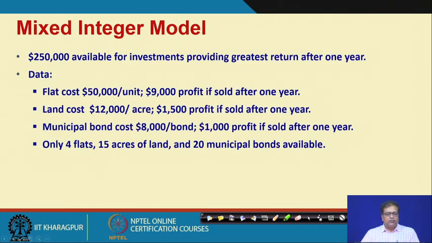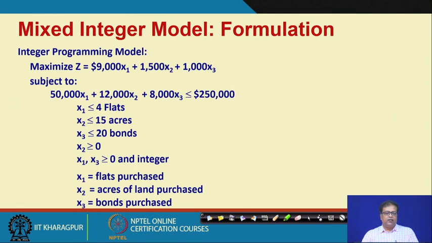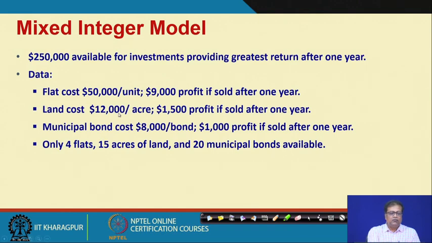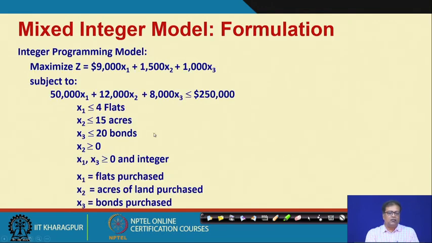Obviously, if you look at the previous slide, the returns are 9000, 1500 and 1000 respectively. So, 9000 x1 plus 1500 x2 plus 1000 x3 is the objective function to be maximized, subject to 50,000, 12,000 and 8,000, which are the costs.